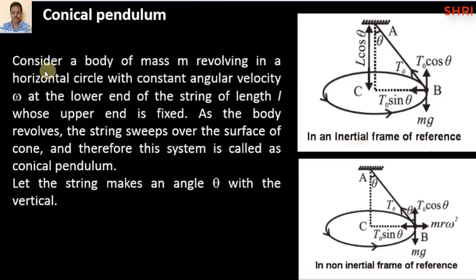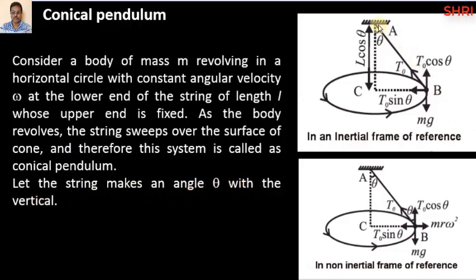Consider a body of mass m revolving in a horizontal circle with constant angular velocity omega at the lower end of a string of length L, whose upper end is fixed. As the body revolves, the string sweeps over the surface of a cone, and therefore this system is called a conical pendulum. Let the string make an angle theta with the vertical.